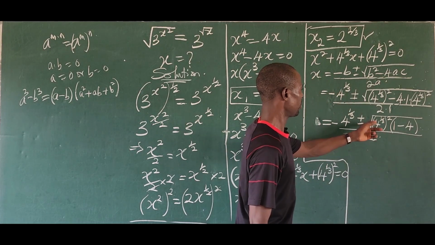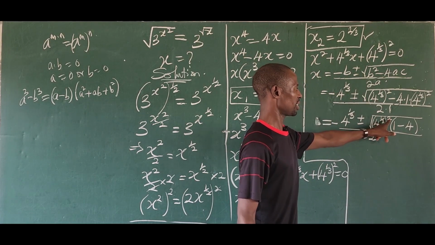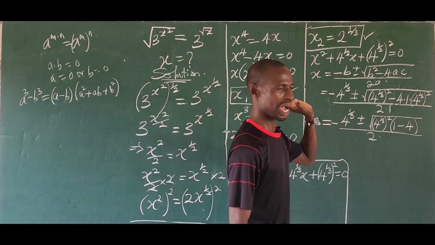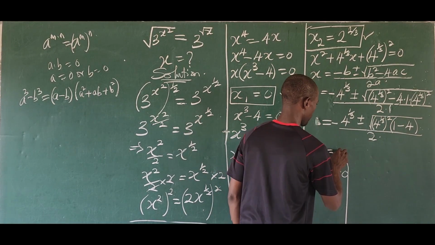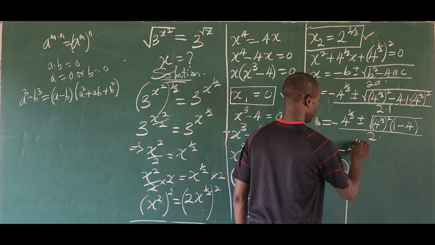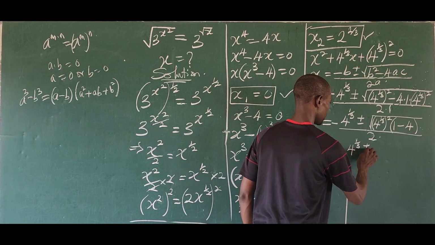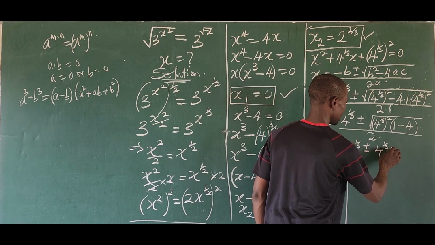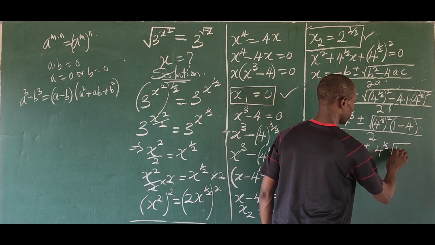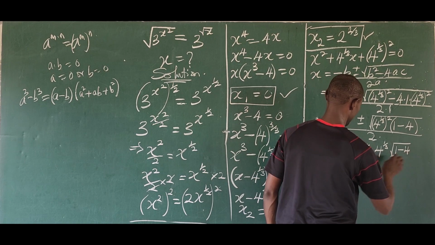So this is a square root. This is our square. So this can come out. So our x will now be equal to minus 4 to the power of 1 all over 3, then plus minus our 4 to the power of 1 all over 3 to the square root of 1 minus 4.